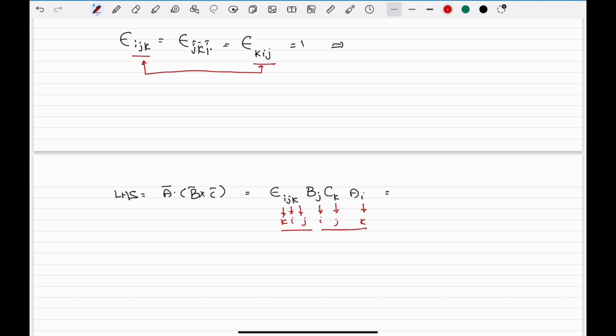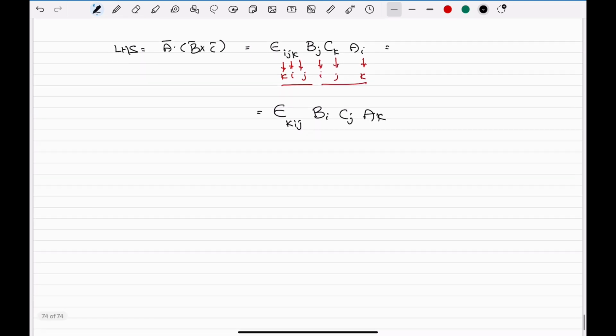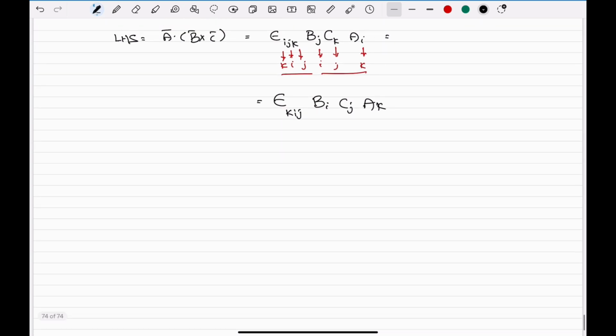Once you change the epsilon order, similarly you have to change the subscript in the matrix also, vector also. Then this will become equal to epsilon kij b i c j a k.